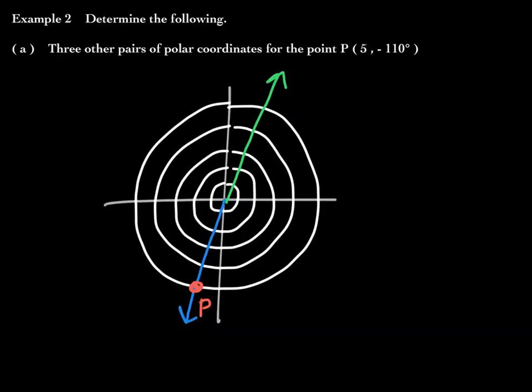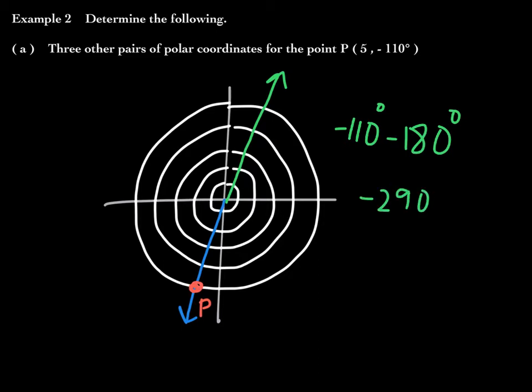Now for a third pair, what I could do is, this is negative 110. If I keep going to the green ray, that would be negative 110 and then minus 180, correct? So let's figure out what that is real quick. Negative 110 degrees minus 180 degrees. In other words, keep going in that negative direction.